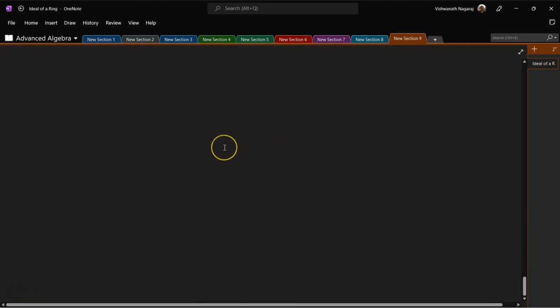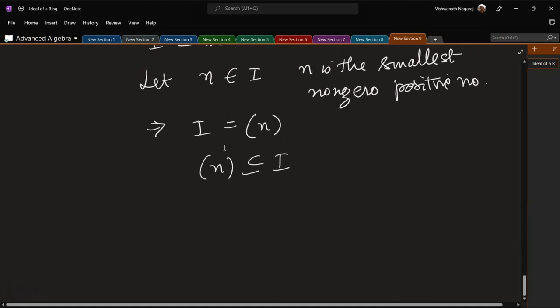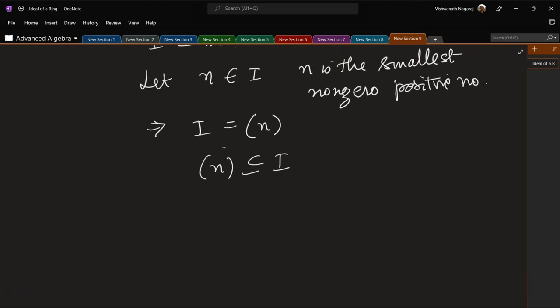So as a general statement, n will generate an ideal which would be a subset of the ideal generated by the element which generates the entire ring.